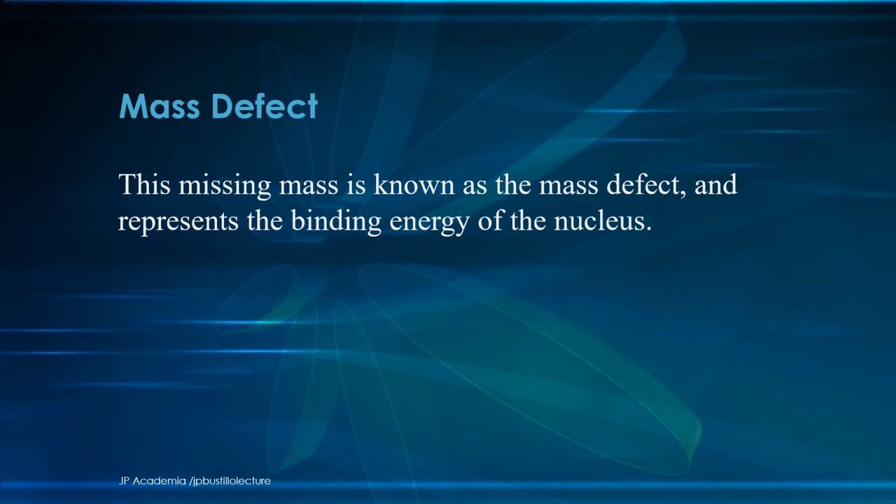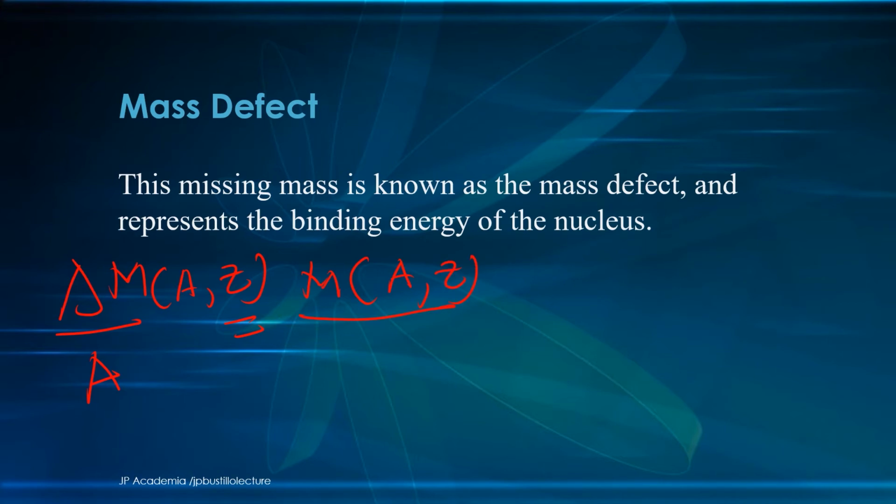We can also express the binding energy or mass defect in terms of delta M over A, which is the binding energy per nucleon for A, Z. This is equal to the mass of the nucleus per A, minus Z over A times the mass of the proton, minus 1 minus Z over A times the mass of the neutron.